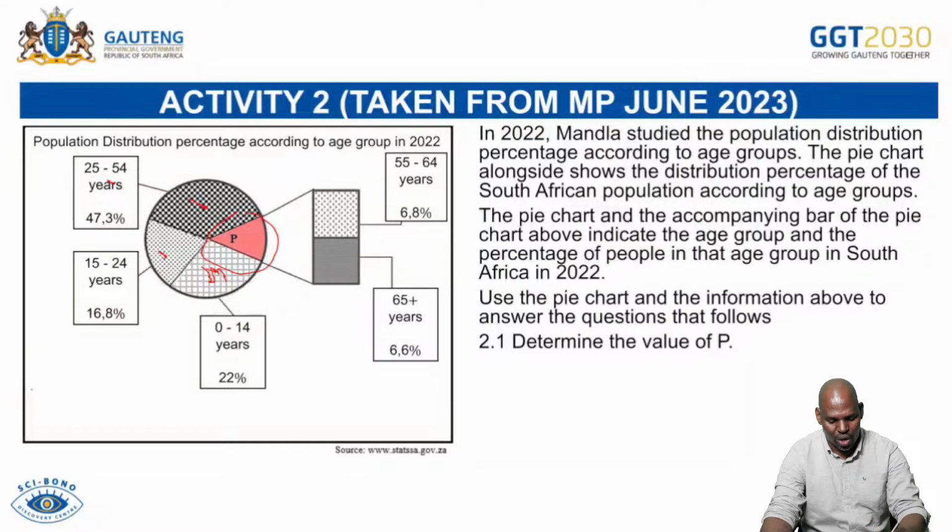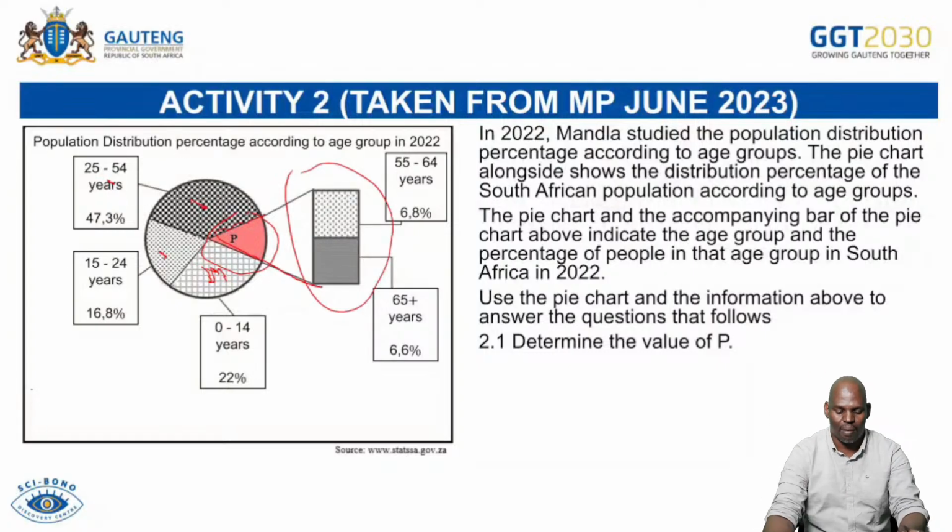We can see that for this sector there is information, and it's the stack bar graph. Remember, we spoke about the stack bar graph where the bars are on top of each other. In this case, you can see that they have indicated that this bar is 6.8% and this one is 6.6%. Both of them make that sector, that part of the pie chart.